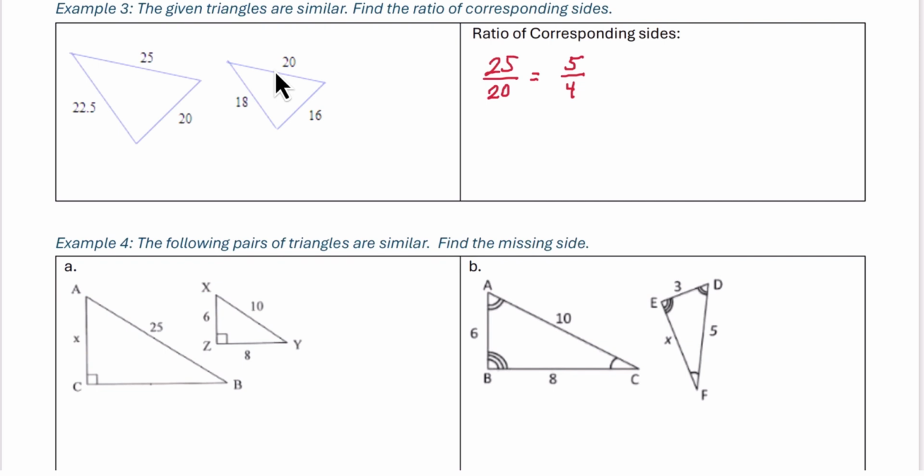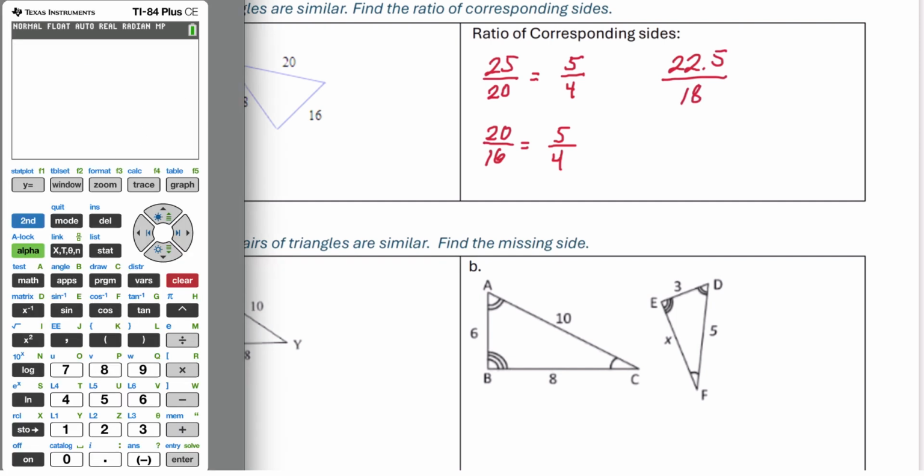We can check that with another side. 20 divided by 16. 4 is the common factor this time. 4 will go into 20 5 times, and 4 will go into 16 4 times. We could also do that with the other side. 22.5 divided by 18.